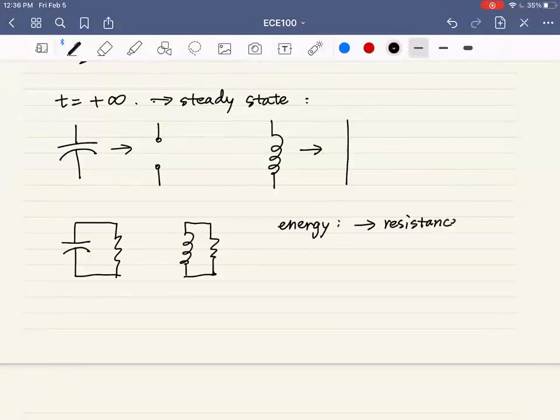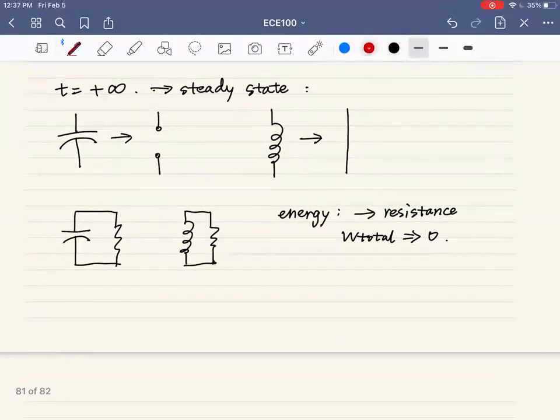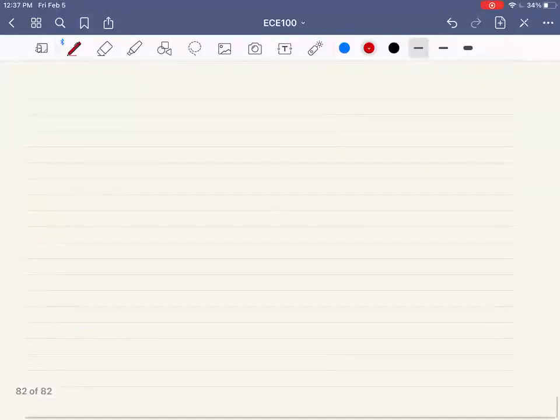And the resistance will transform the energy from magnetic energy or electrical energy to heat, which means they consume them, they absorb them. And then finally, the total energy will become zero. If we sketch them, we will see a curve like this.